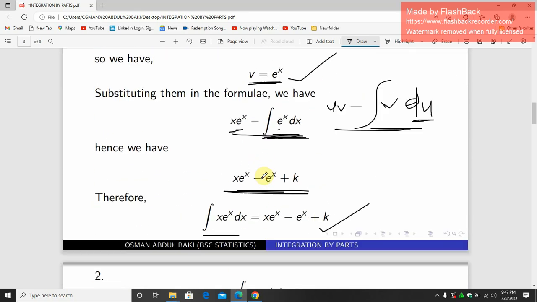Hence you put all the values in the formula, where x is equal to u, e raised to the power x is equal to v, minus the integral of e raised to the power x, plus k. K is the constant. Thank you very much for question 1.